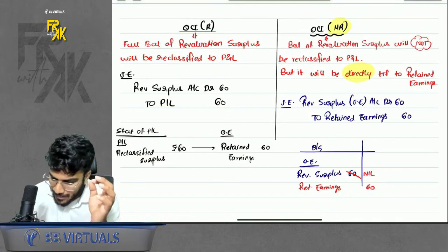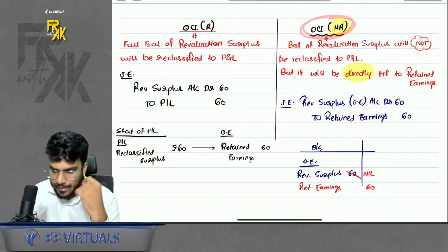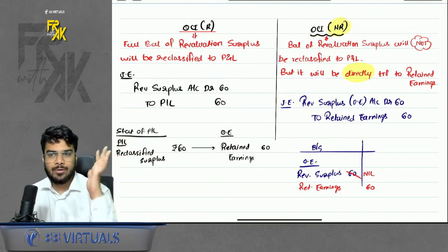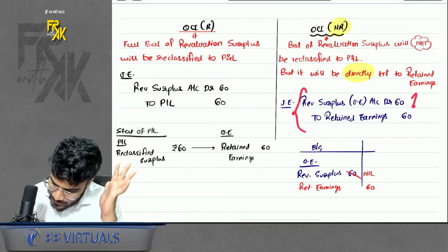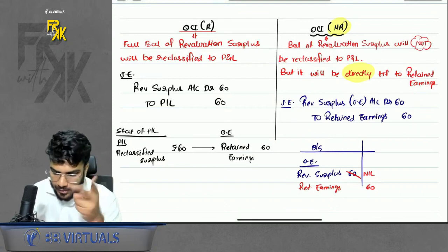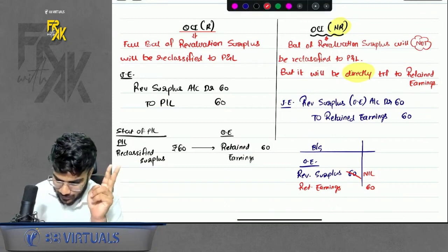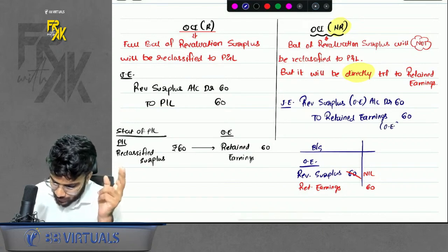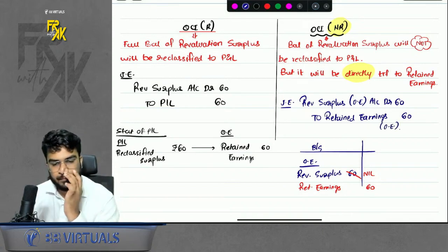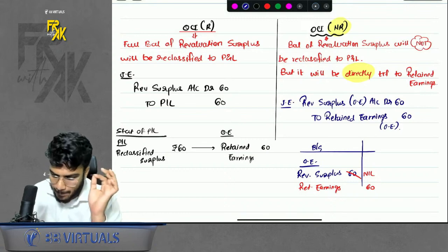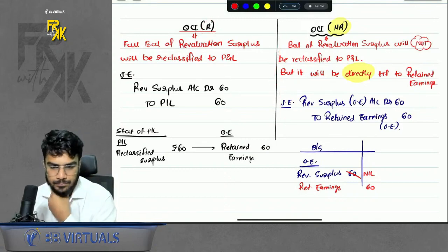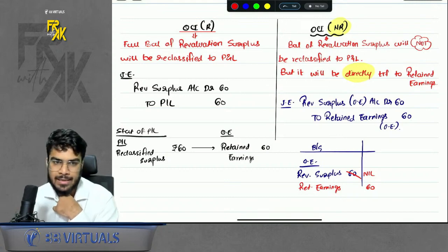But in the second instance, it is not routed through profit and loss. It is directly transferred within other equity, from surplus to retained earnings, without routing it through profit and loss. This is the only basic difference between R and NR. I hope you are able to understand this point. Tell me yes or no.